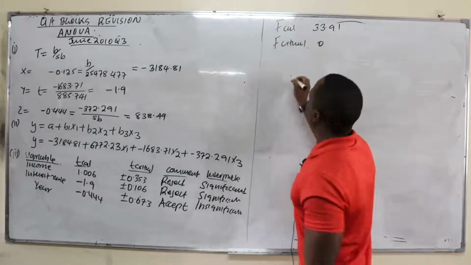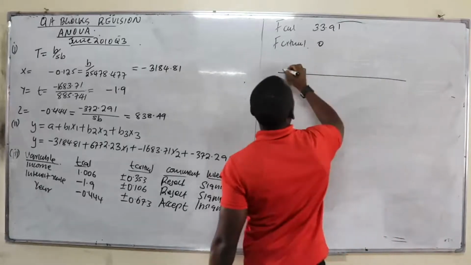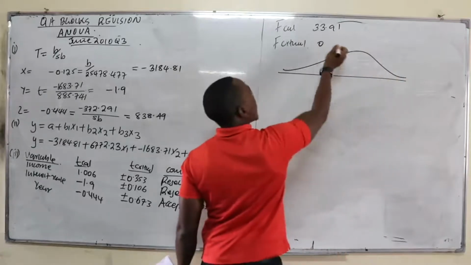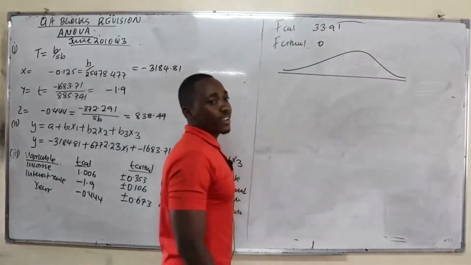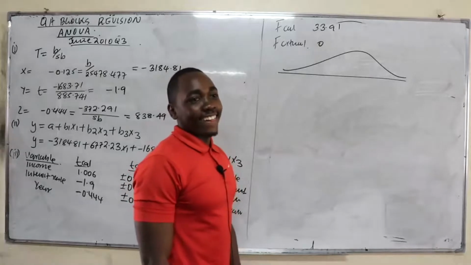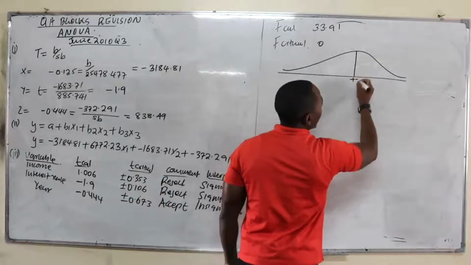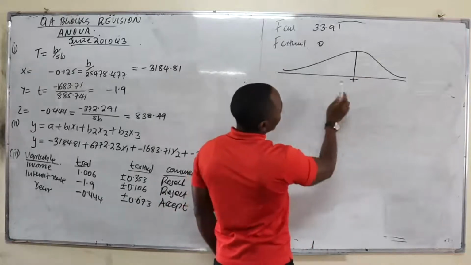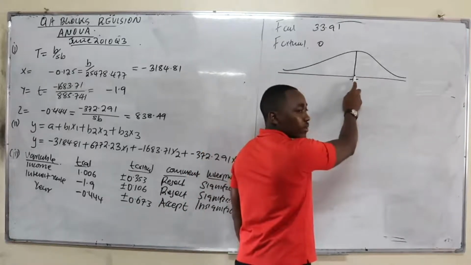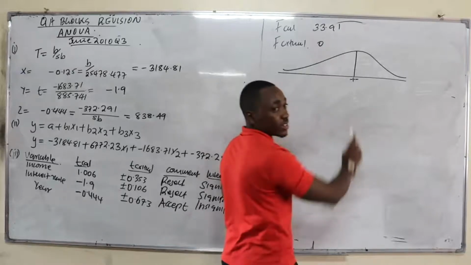Okay, if I draw a table for you, whether to accept or reject, this is plus or minus 0. Let's assume that is there. Are we together? If it's in between plus or minus 0, you do what? You accept the null hypothesis.